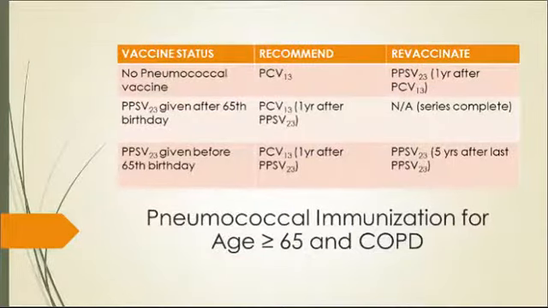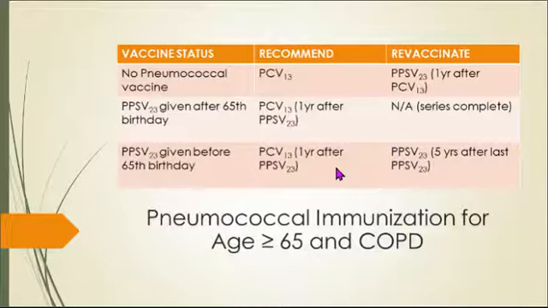Pneumococcal immunization for age 65 and COPD: all COPDers should have a pneumococcal. Children already get the pneumococcal. There's two, PCV 13 and PPSV 23. The 13 children all get, they used to just give the 23 to adults, and now they're finding that they give both.